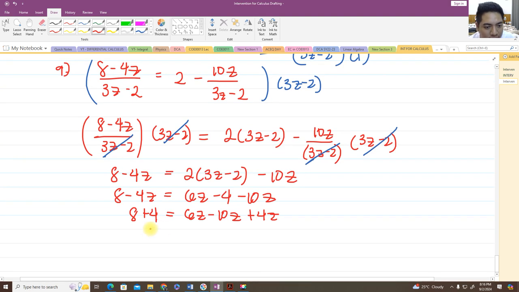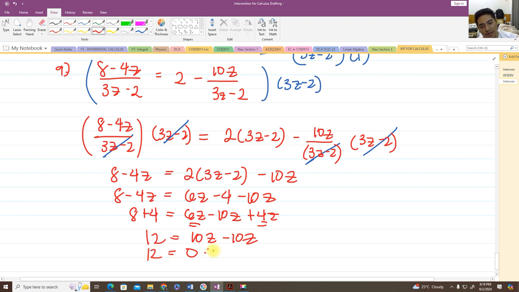Okay, and then solve. So you have 12. 6 minus 10z is, we have, so the answer here will be 0z. Okay, so you have 6z plus 4z, that's 10z minus 10z. So you have 0 on the right-hand side.